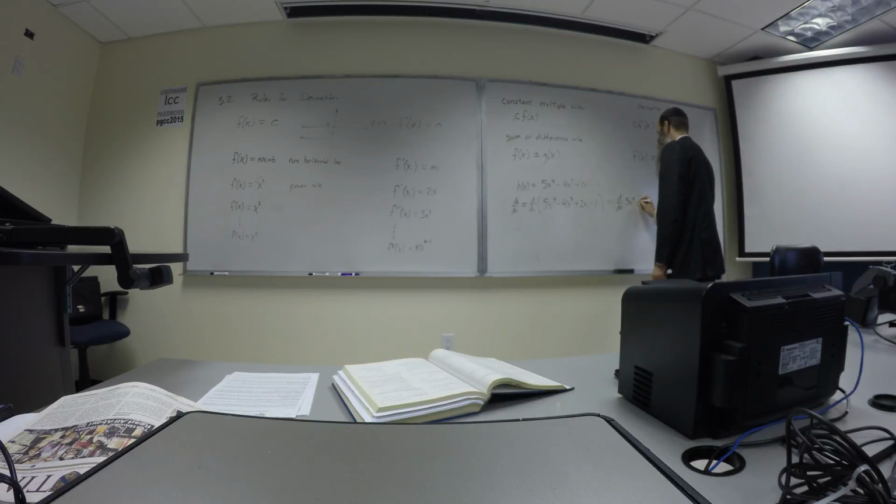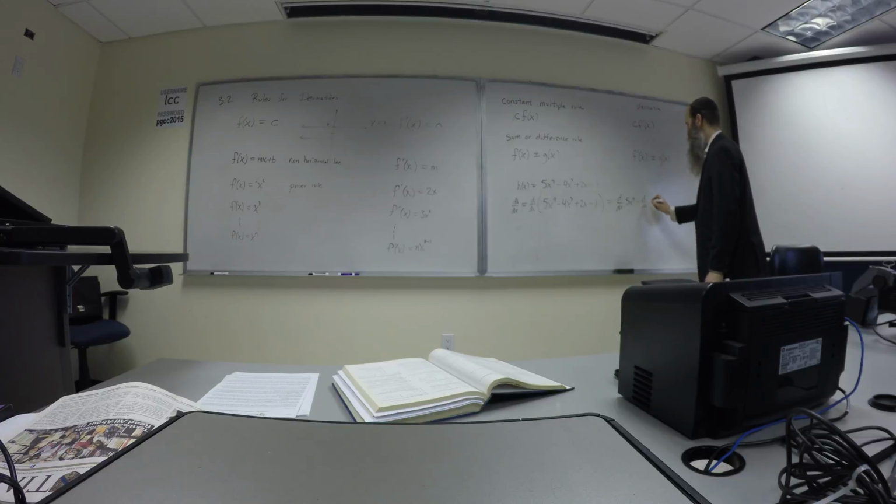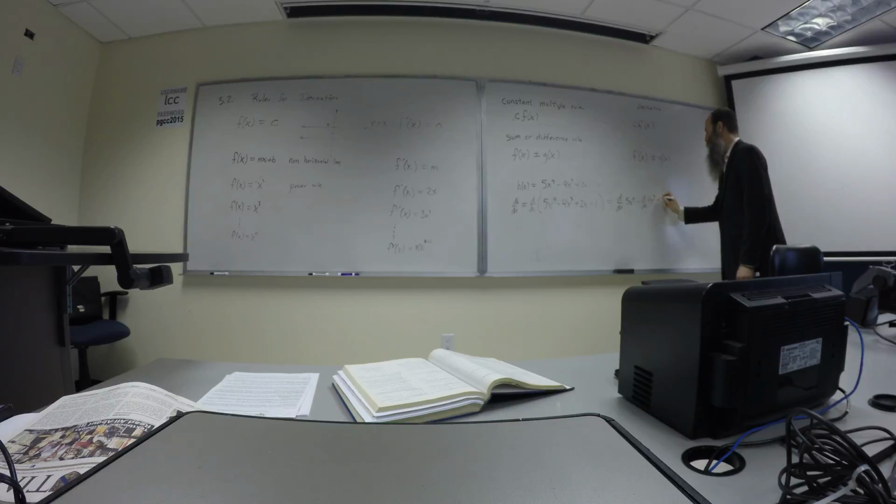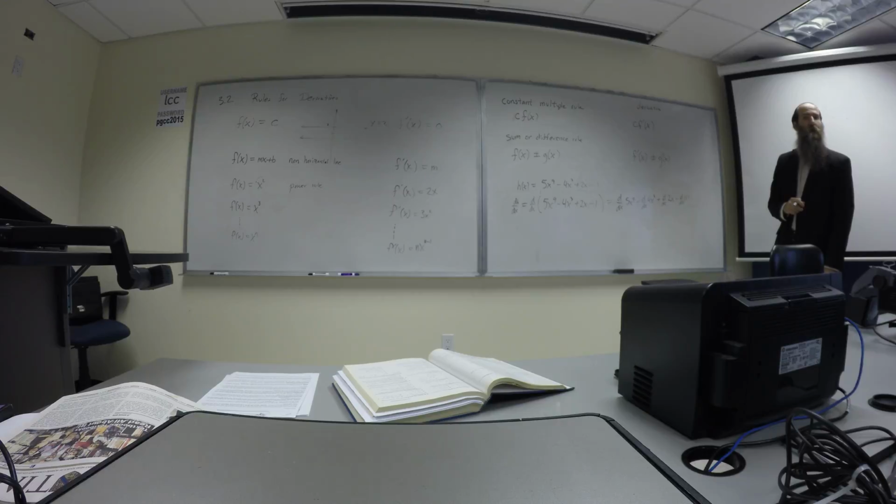You will not want to do this. I just want to, meaning after a few rounds of this, you won't want to do it like this. I just want to show you how this kind of really works using the rules. 4x cubed plus the derivative of 2x minus the derivative of 1. Okay? All I did so far was use the sum or difference rule. And I applied the derivative to each term.